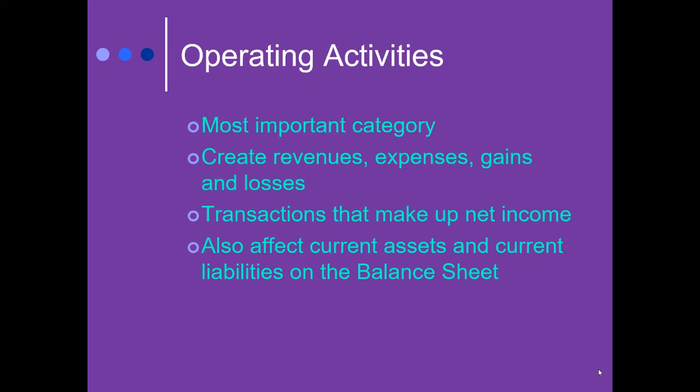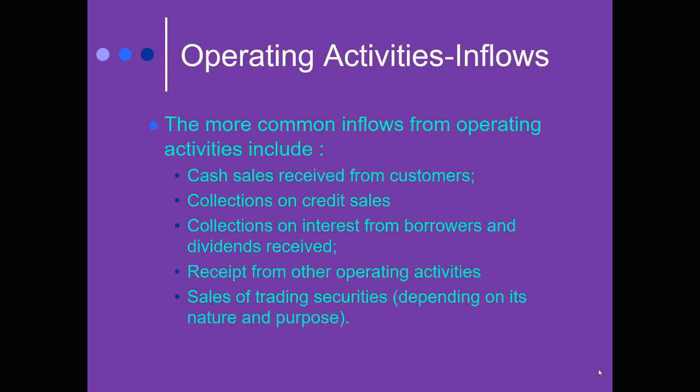Apart from reporting on current assets and current liabilities, revenues and expenses are also reported, and you can also see the gains and losses from the purchase or disposal of assets. Usually it is a transaction that makes up net income, and it affects current assets and current liabilities on the balance sheet.